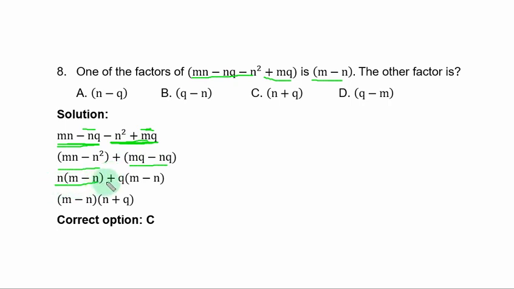From the second group, factor out Q, you have this result. Clearly, M minus N is common as one factor. You take it outside, you have N plus Q combined to form the other bracket, which is the second factor. By this, C is the correct option.